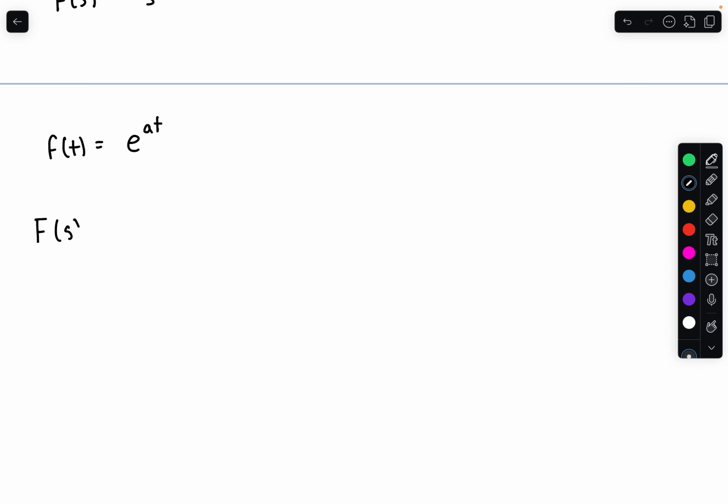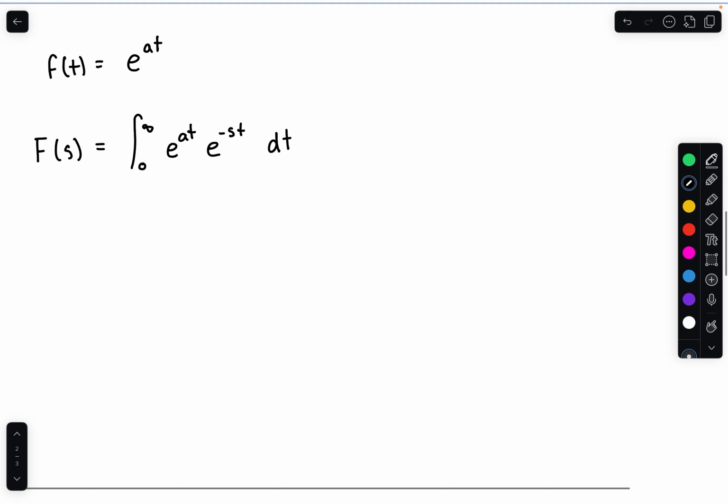Another example, a very common one, is if f of t is equal to e to the at, where a is just a constant. If we want to find the Laplace transform of this, we just plug it into the formula. Get f of s is the integral from 0 to infinity of f of t, which is e to the at, times e to the negative st, all with respect to dt.